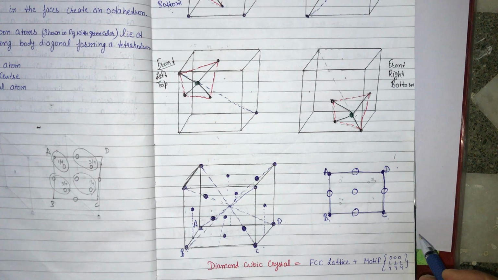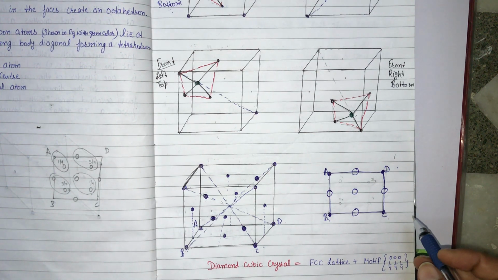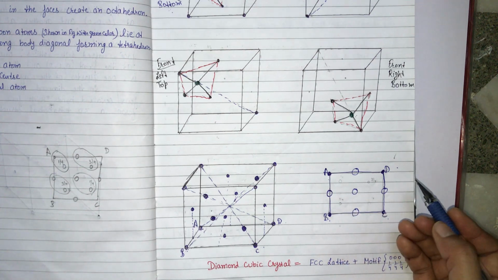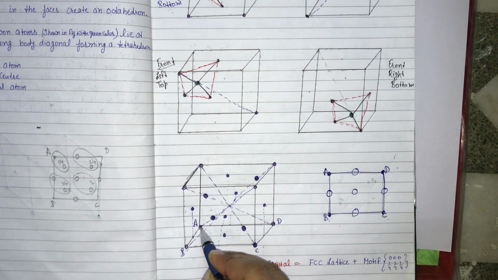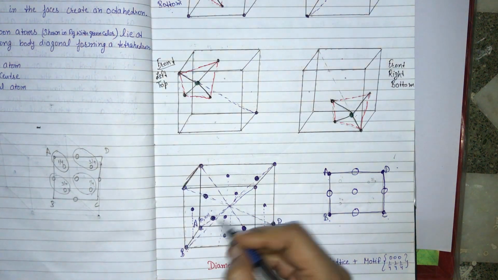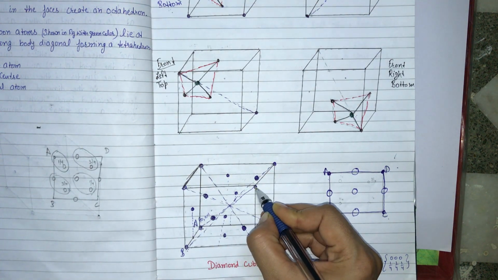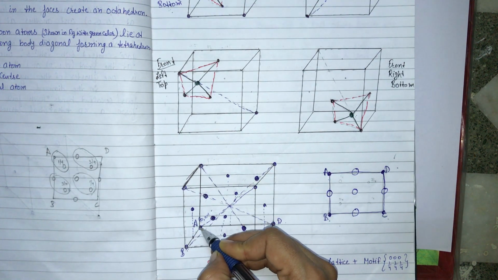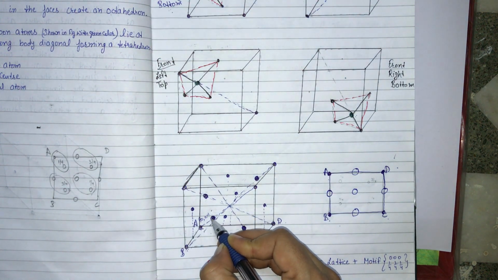So now next locate the carbon atoms along the body diagonal. Suppose I mark this A point as origin, this is 0, 0 and 0. Then from this A point to this point, this is a body diagonal. Along the body diagonal, this is the 1/4 position.